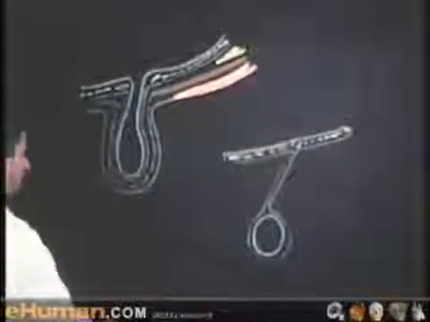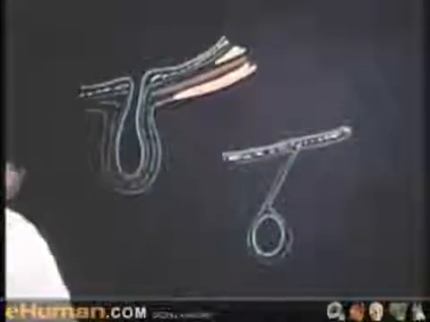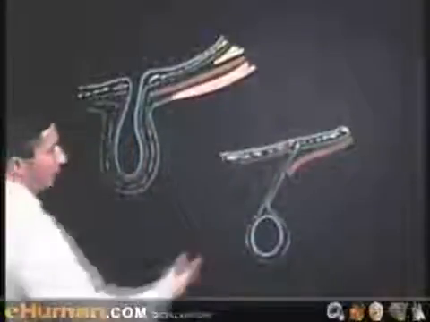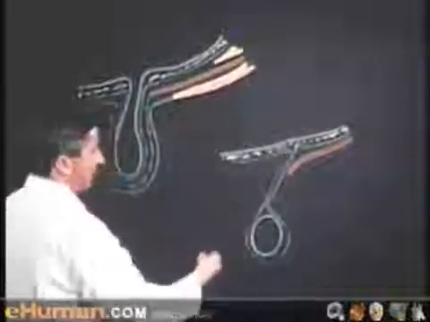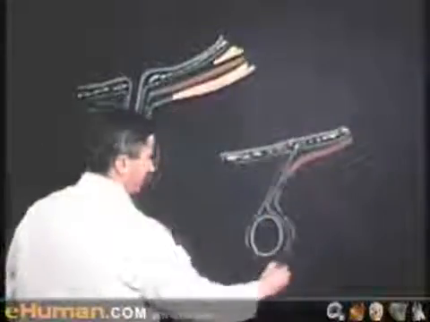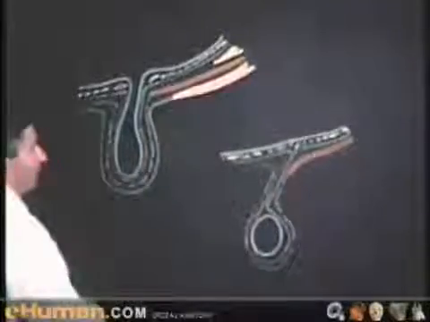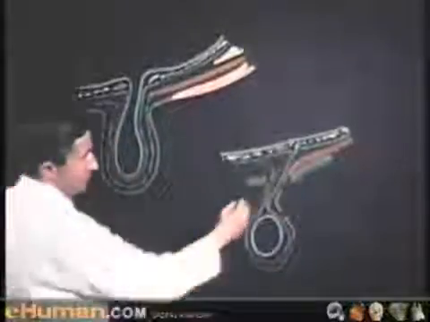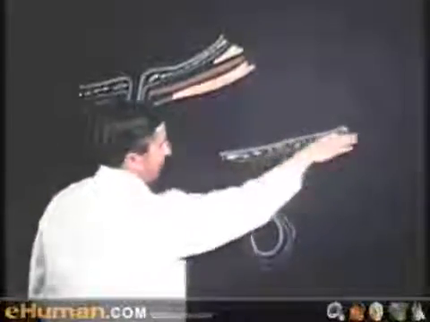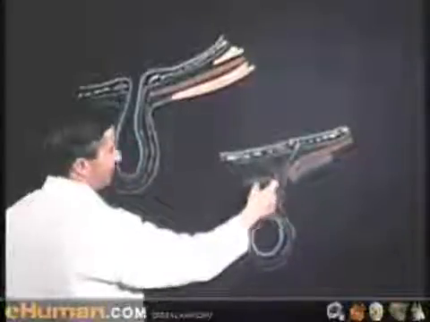And now we put in the internal oblique, and the internal oblique is actually overlapping the front of the processus vaginalis and giving rise to the cremasteric fascia. And finally, we can put in the aponeurosis of the external oblique coming across and having the opening in the superficial inguinal ring.